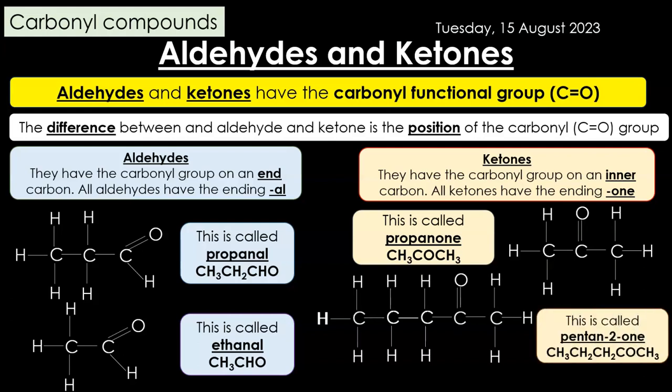This one is called pentan-2-one. Notice we need the locating number 2, and that's the lowest possible locating position for the carbonyl group. We could, of course, have the structural isomer, which is pentan-3-one, with the carbonyl group right in the middle.